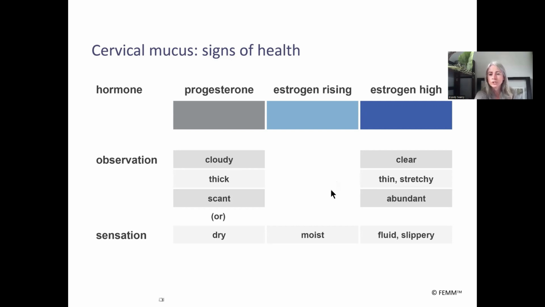When your estrogen is rising, you will get more of a moist, slippery sensation when you wipe. When your estrogen is high, this is seriously where it looks like uncooked raw egg whites. Clear, thin, stretchy, abundant, very fluid, very slippery, copious amounts of stretchy cervical fluid.